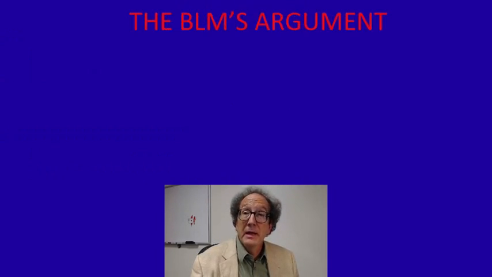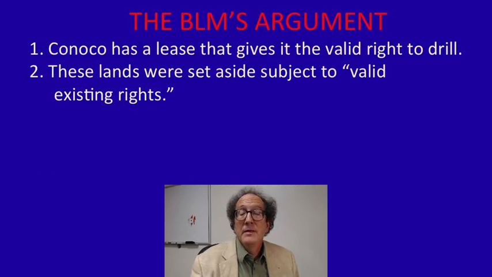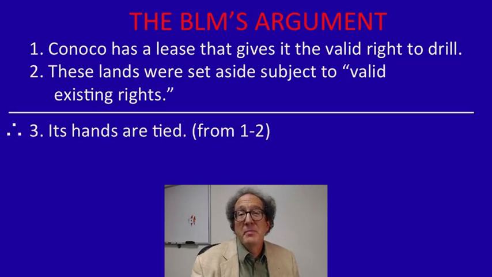So the BLM's argument can be put in standard form like this. First premise, Conoco has a lease that gives it the right to drill. Second premise, these lands were set aside subject to valid existing rights. And those two premises lead to the conclusion that the BLM's hands are tied.